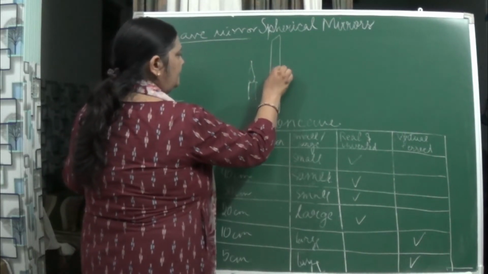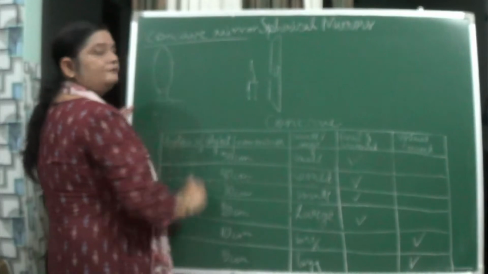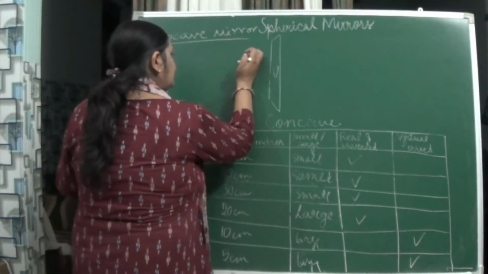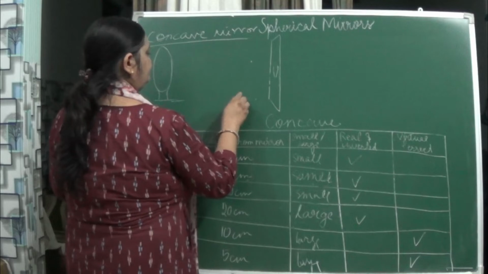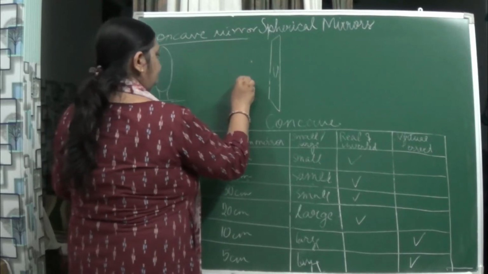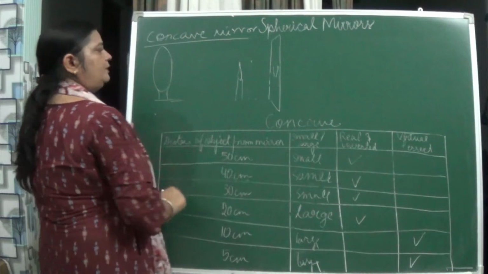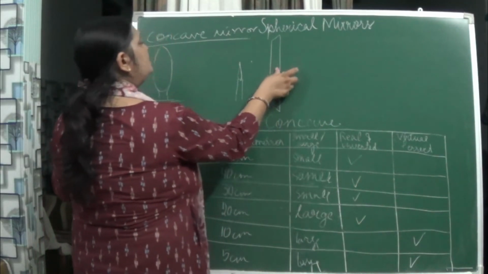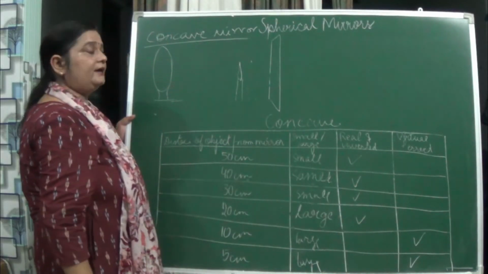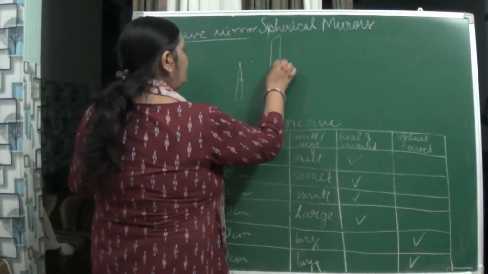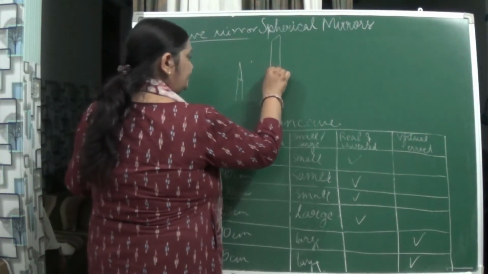Now shift the candle to 40 centimeter. Here also you will get a real and inverted image, and this will also be small.